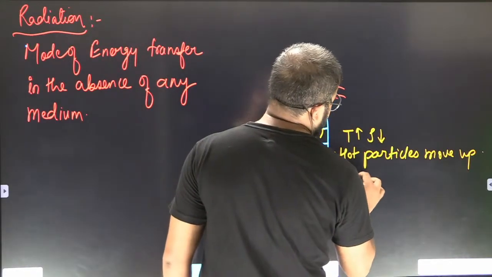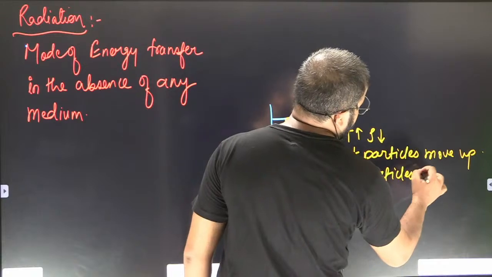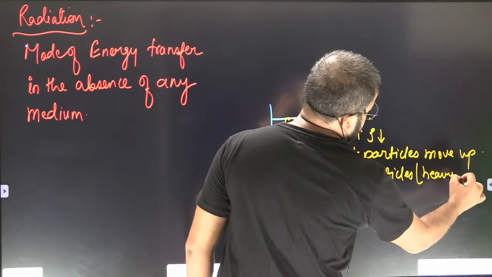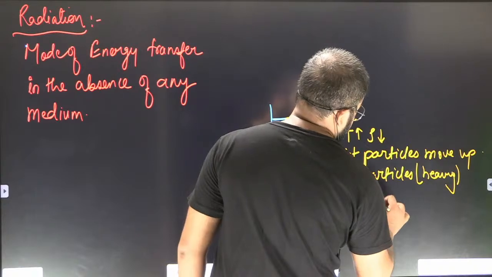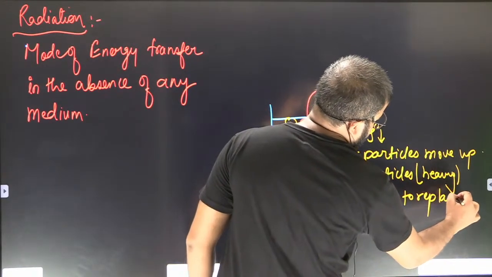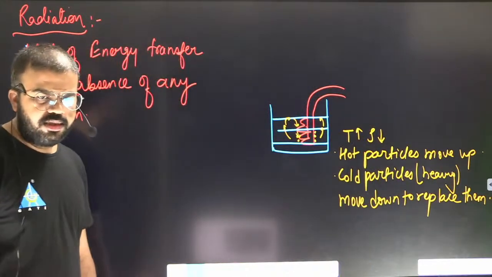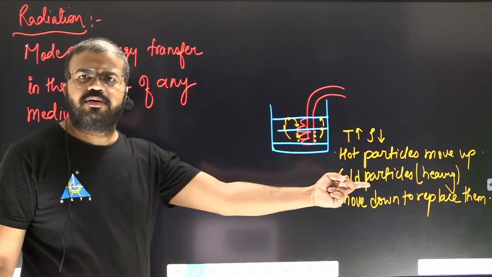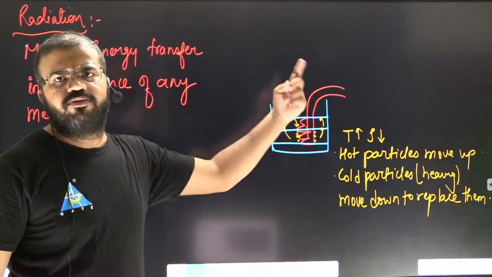Density decreases, hot particles move up. Cold particles, and these cold particles are heavy, remember this, move down to replace them. And then again they are heated up, then again they move up, and then again the cold will come down.